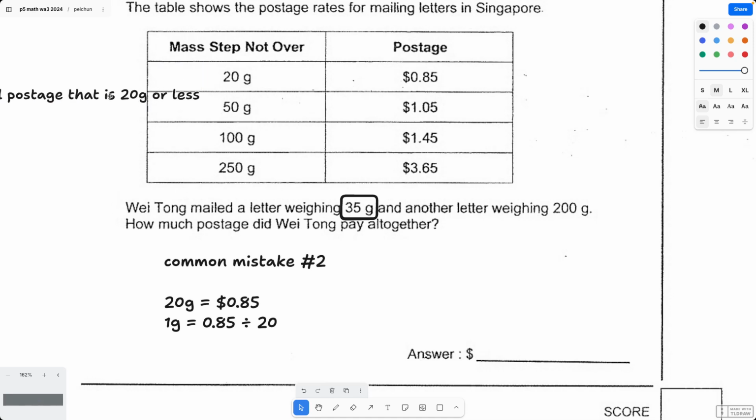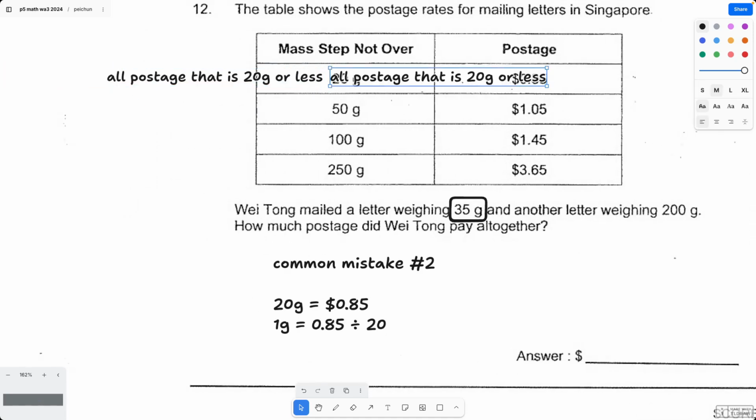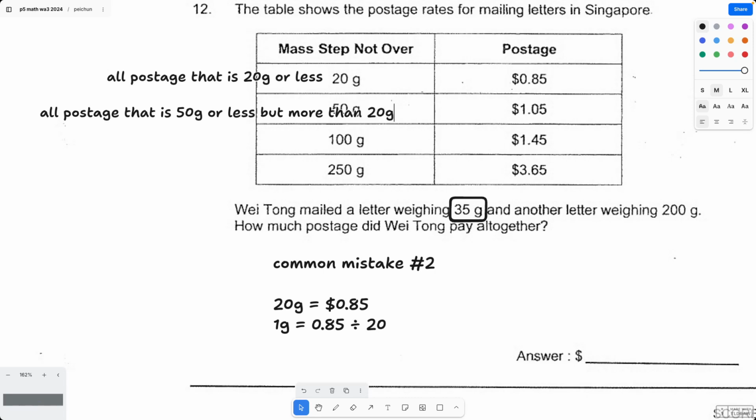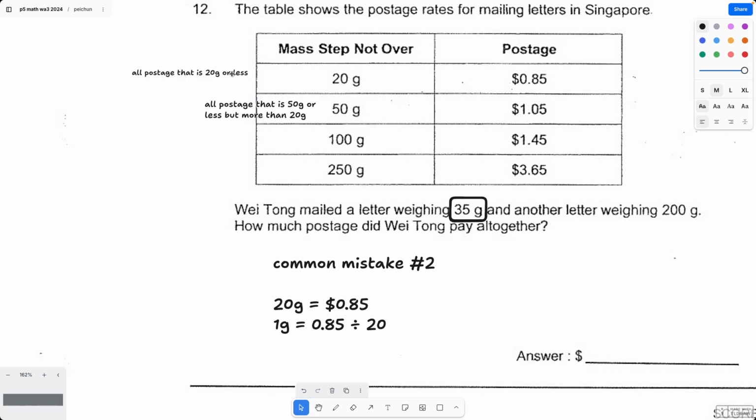Then all postage that is 50 grams or less, but more than 20 grams. Let me make it a little bit smaller, something like this. All postage that is 50 grams or less, but more than 20 grams. So this is how postage works.